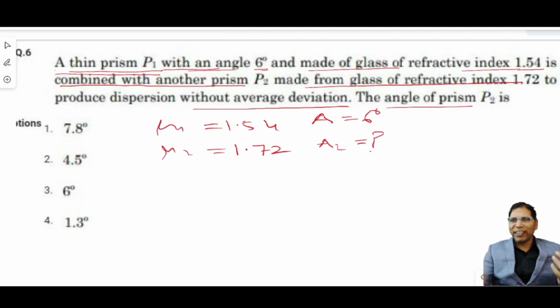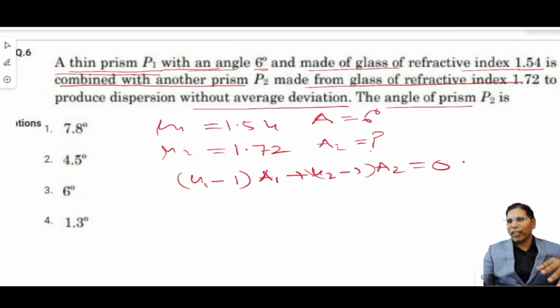Here the case is dispersion without deviation. Now the condition for dispersion without deviation is (mu1 minus 1) into A1 plus (mu2 minus 1) into A2 equals 0. Okay, now this is the combination, so the angles of the prisms are opposite in sign.